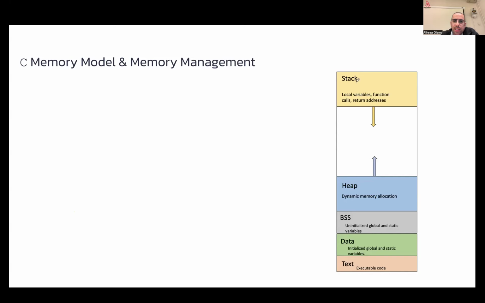Here on the right, you can see the memory model that is used in C and C++, and the memory is divided into different memory locations called stack, heap, BSS, data, and text segments in the memory of a process of an application. I would like to ask for a volunteer to explain these different memory segments of a C application for me. Do you have any volunteer?